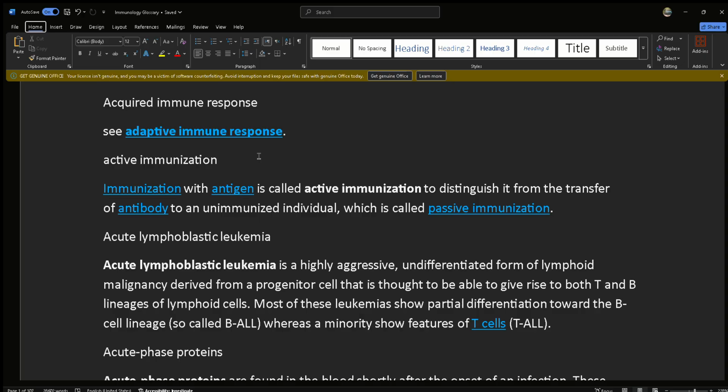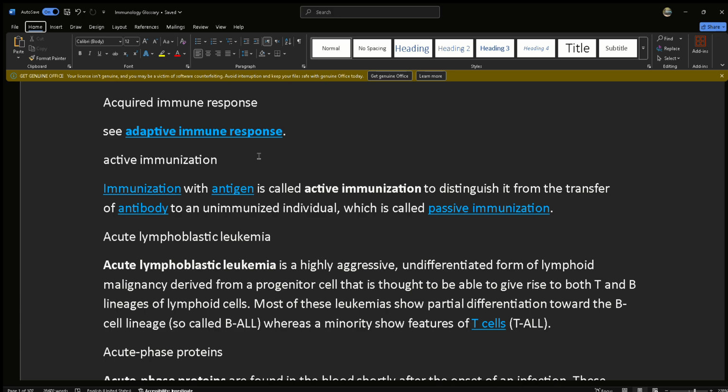Active immunity is that in which an antigen or immunogen is introduced into the body through natural routes or through injection as a vaccine, and then it activates the immune system, induces immunity, and starts production of antibodies itself. While in passive immunization, pre-prepared antibodies are injected into the body of a person.